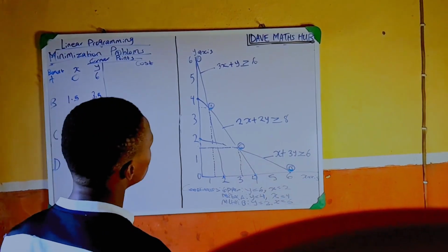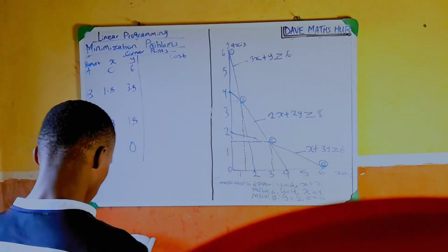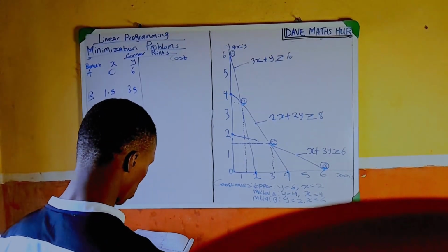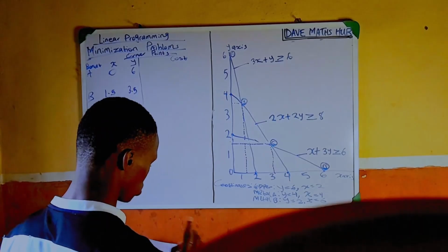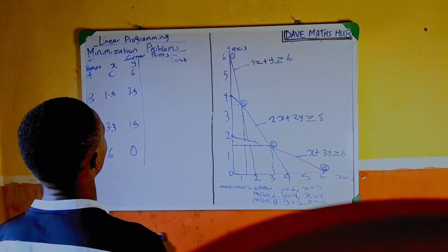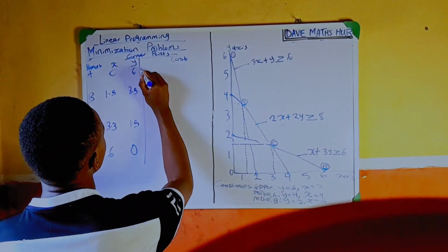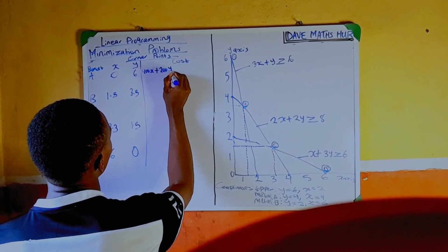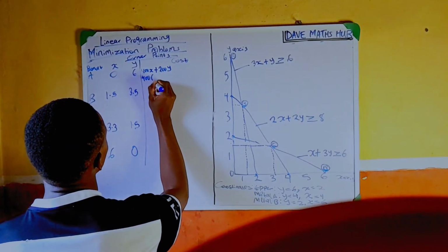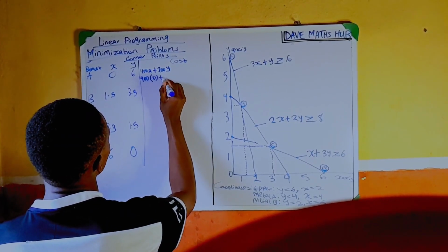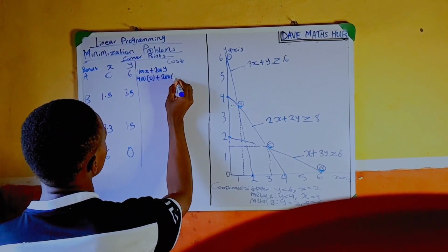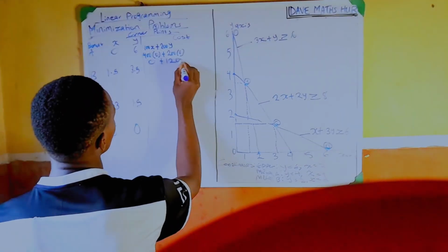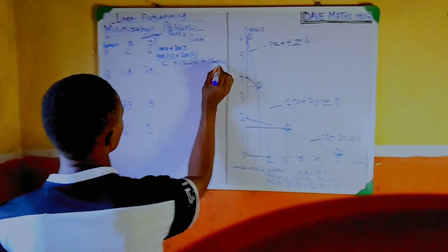Now, from the beginning, the question says it has a minimum cost of 2 other alloys costing 400 naira per ton and 200 naira per ton. So these are our constraints: 400x plus 200y. So 400 open bracket 0 plus 200 open bracket 6. This is 0 plus 1,200 equals 1,200.